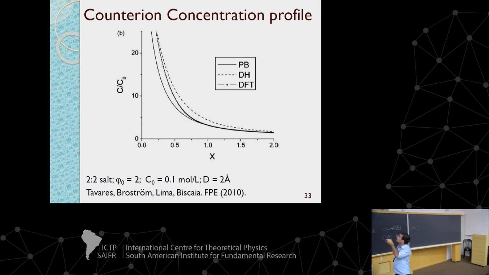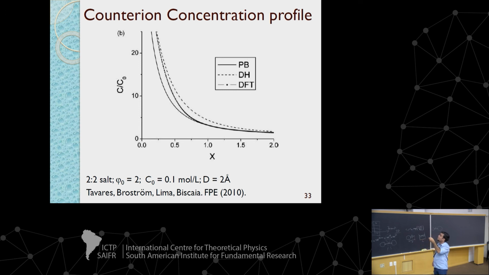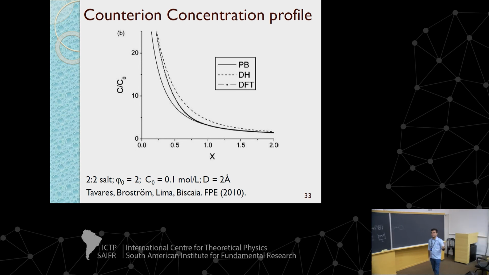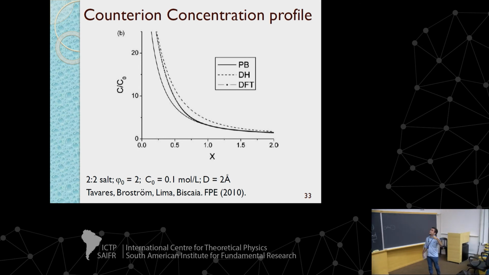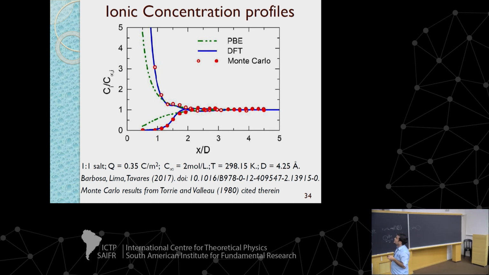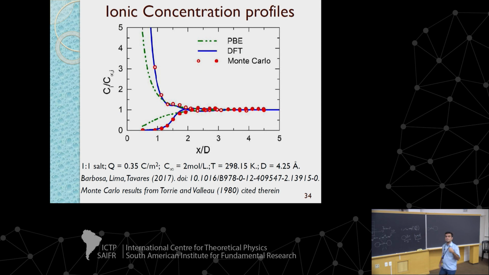And in this case, the Debye-Hückel gets a good result for lower distance because of the compensation of errors. There are many errors in this theory, so they compensate each other so that the result's not so bad. But you can see that for a higher concentration, it's not that good. And if we increase again the concentration, for this case, again for the compensation of errors, we get similar results for DFT and Poisson-Boltzmann.